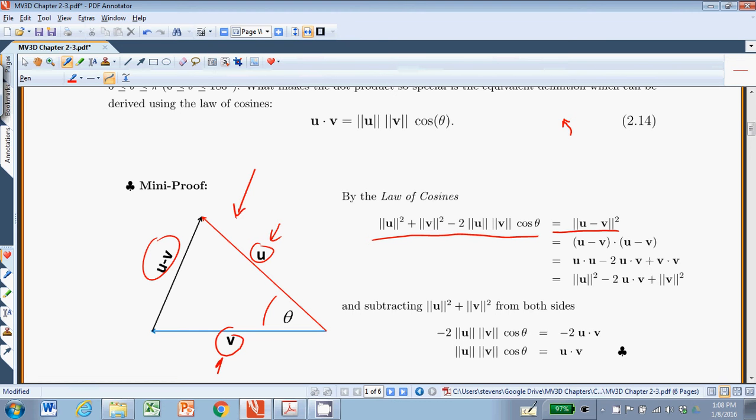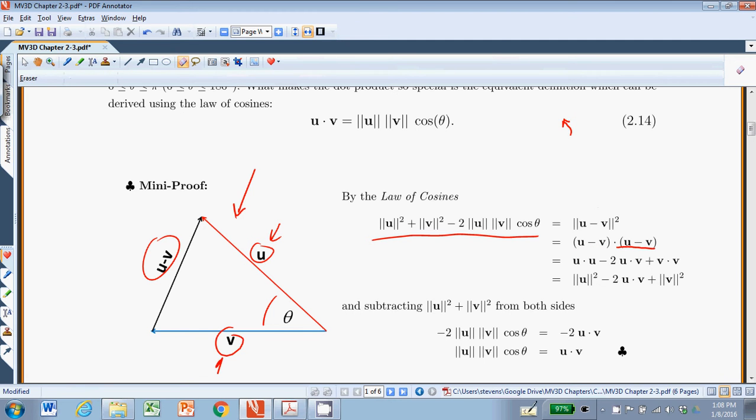So that's just the law of cosines. Proving that's actually not trivial, you have to drop a perpendicular, but it's a well-known law. All we're going to do is simplify some stuff. We're going to note that if you take u minus v, the length of that squared is the same thing as taking the dot product of u minus v and itself.